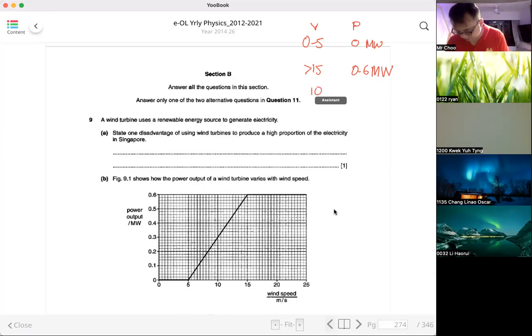If it's 10, what's the answer? If it's 10, it is 0.3. Can you see? If it's 10, it's 0.3.